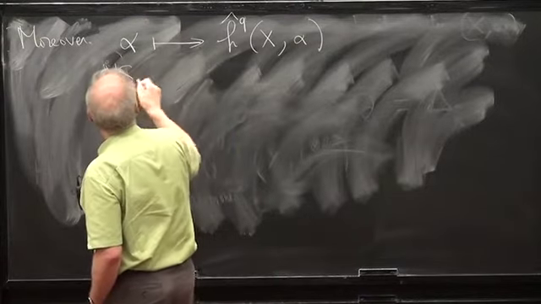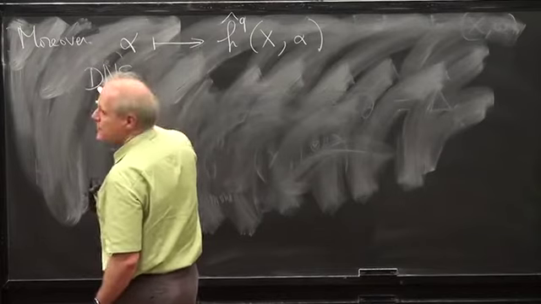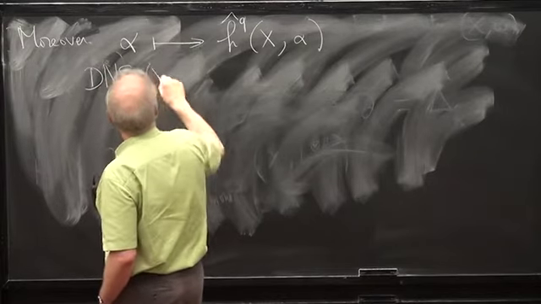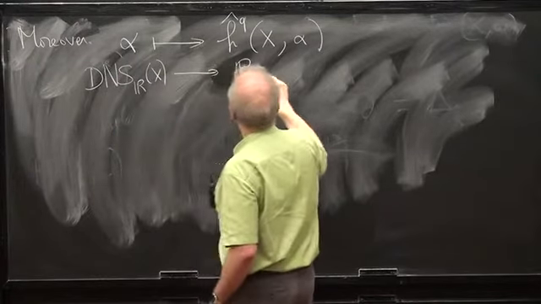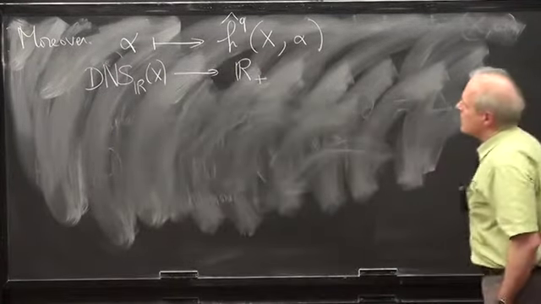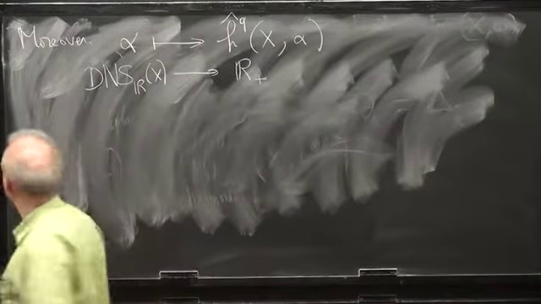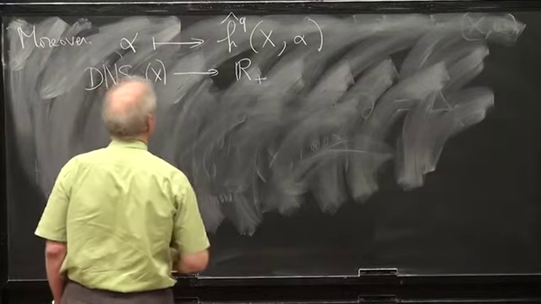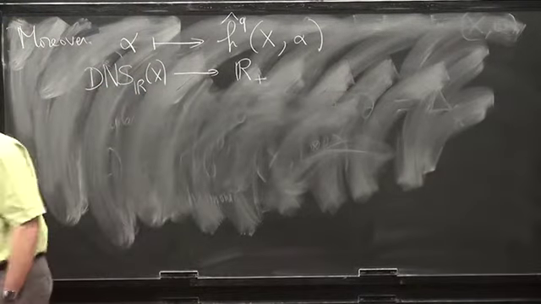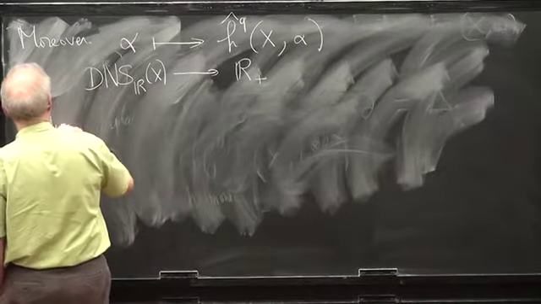You look only at the divisorial part, and you go into the positive real numbers. Well, this map is homogeneous and locally Lipschitz continuous.